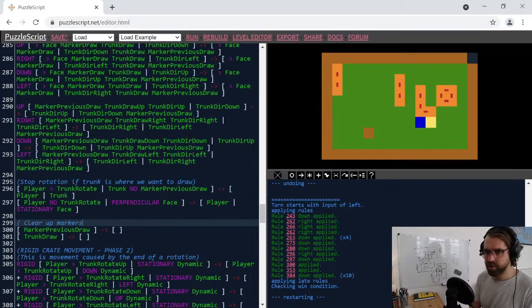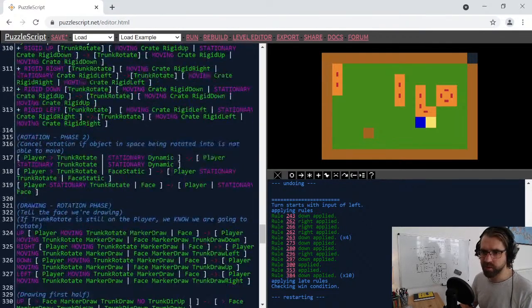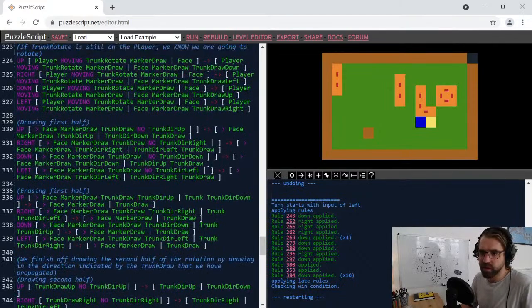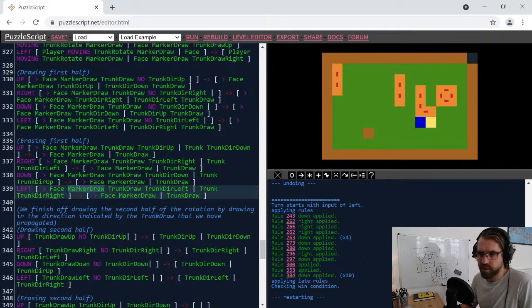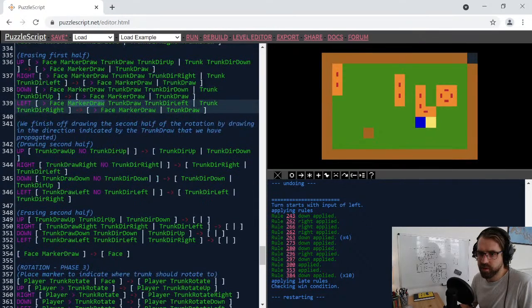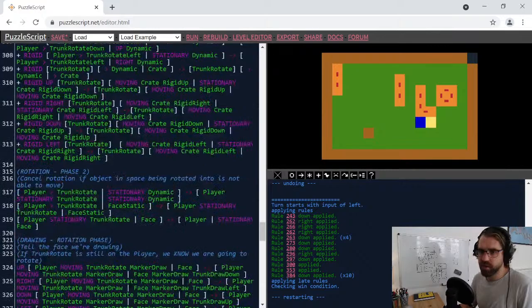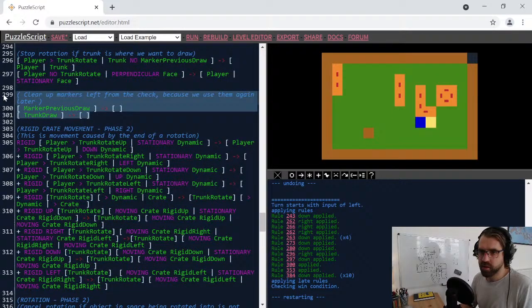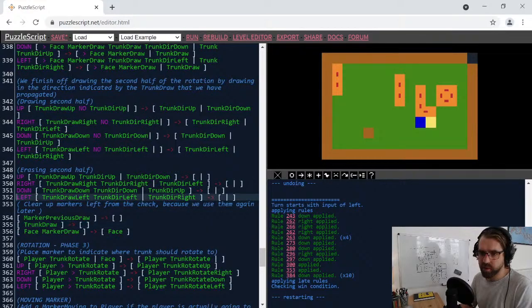Clear up markers left from the check, because we use them again later. I might also want to clear them up after a later check as well, unless I did that already. Like mark a draw, does that stay around forever? Maybe. Get rid of some of them. Maybe I should just do the same thing, mark a draw. But also mark a draw. Good.